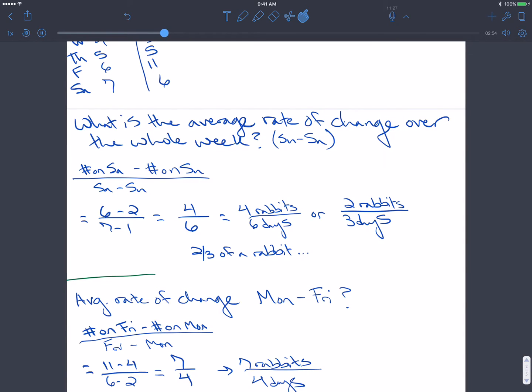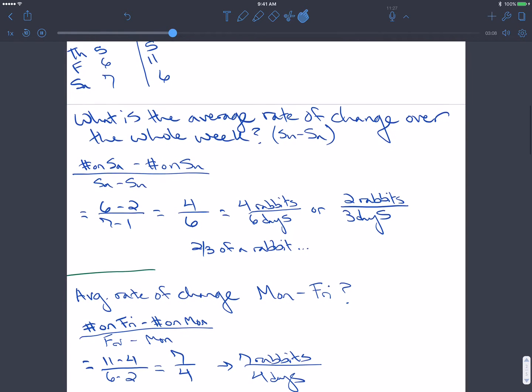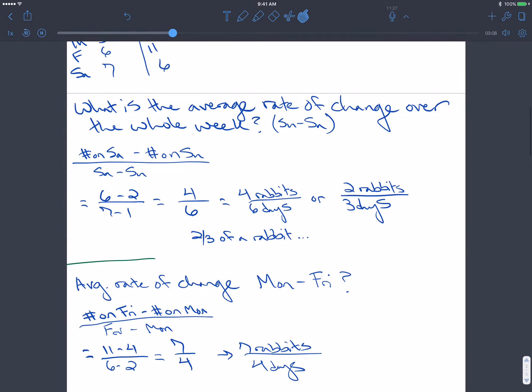So between Monday and Friday, we actually had an average rate of change of 7 rabbits every 4 days. That is extremely large compared to the 2 rabbits every 3 days that we had just by shifting a few days. But just so you get a feel for how this is working, the data set isn't necessarily linear, so the average rate of change is going to correspond to which points you're comparing and not to the whole data set.